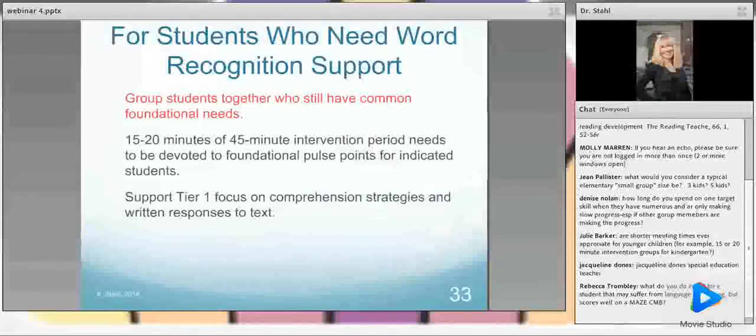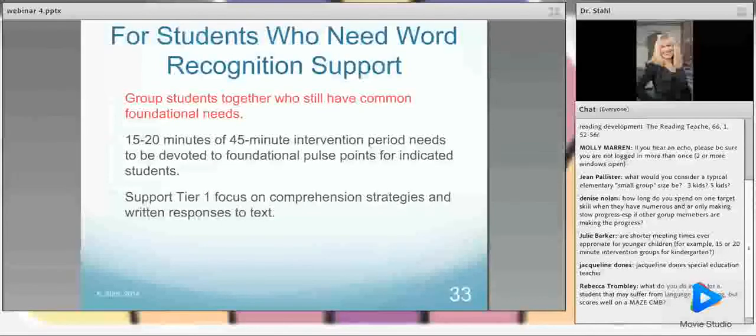So if you have children who still have those foundational needs, you will spend 15 to 20 minutes of a 45-minute intervention devoting it to the foundational skill pulse points for those students.